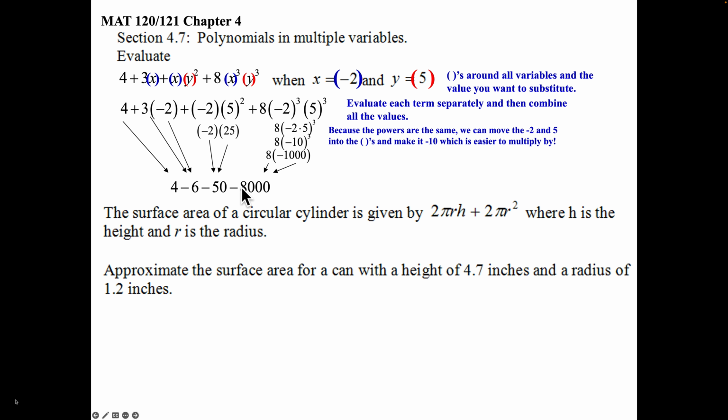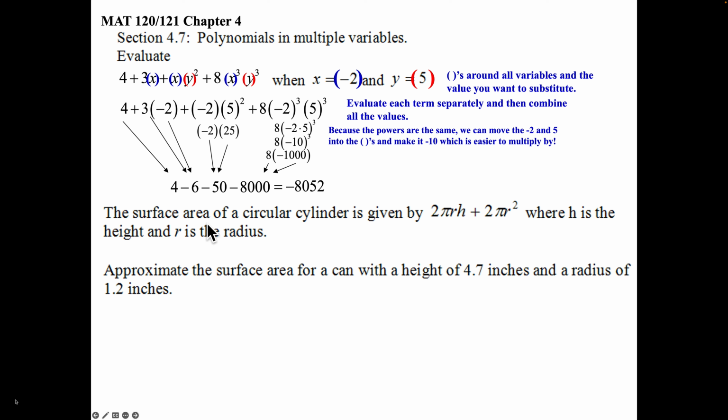Multiplied to an 8 is a negative 8,000. All right, and we'll just add these all together, or in this case, do a lot of subtracting here. 4 minus 6 is negative 2, minus 50 is negative 52, minus 8,000 is a negative 8,052. So a little sneaky trick there to help your calculations go by quicker.